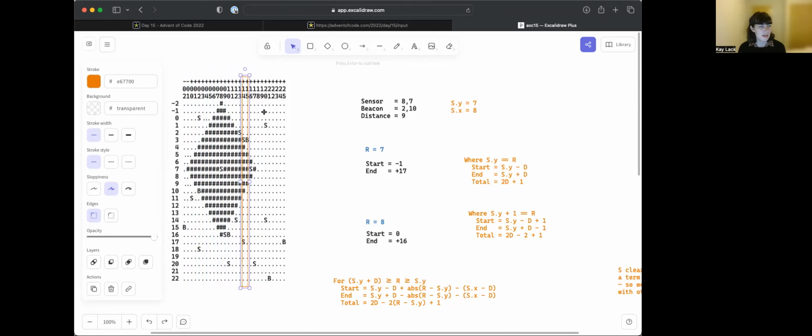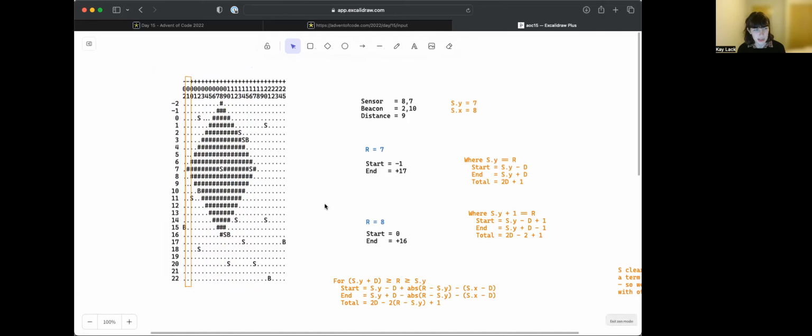For every sensor and beacon, we have to figure out a way of working out what the start and end intersection is on a particular row, and then find a way of merging them together, and then we should be able to solve our problem.